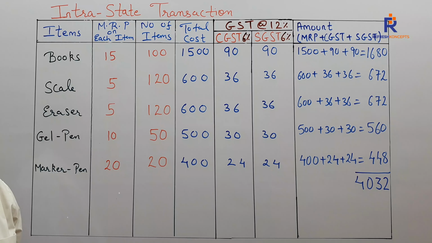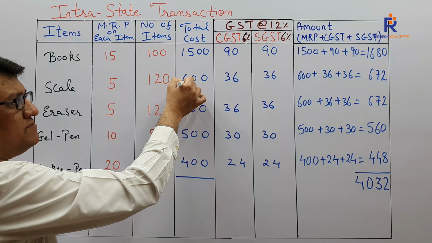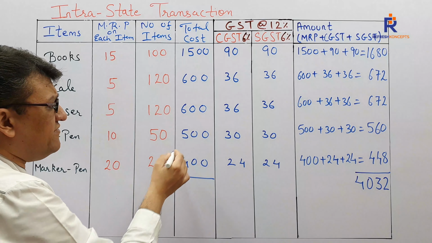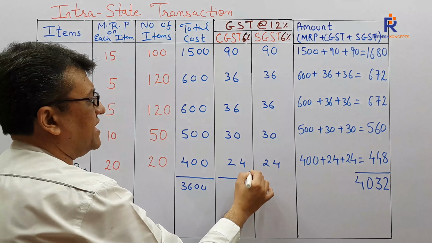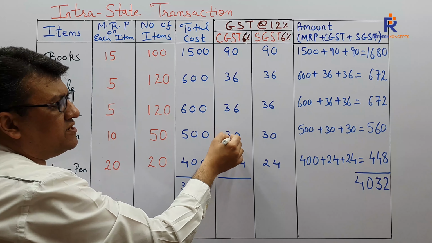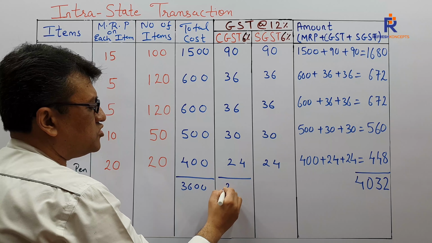It's not a cross check, I should say, but if you want to verify whether my answer 4032 is correct, what if I sum up this? 15 plus 6, 21 plus 6, 27 plus 5, 32 plus 4, 3600. Then the GST: 90 plus 30, 120 plus 72, 192 plus 24, so it's 216.